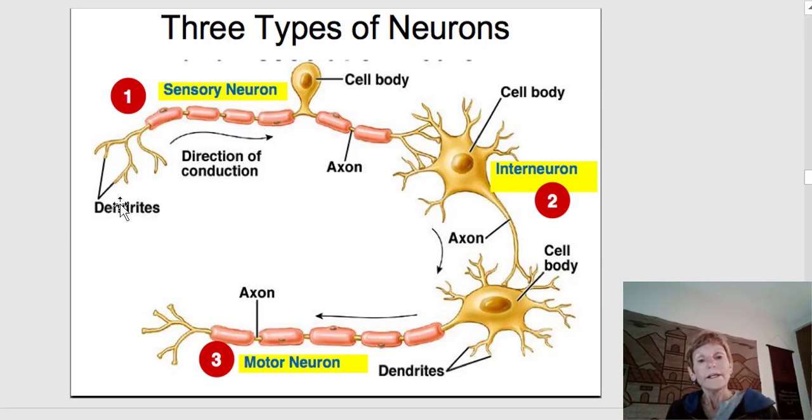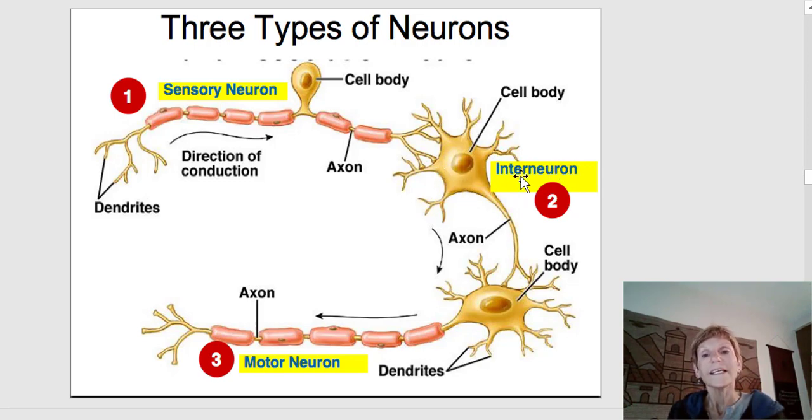So here is the outside world where you're getting sensory information through a receptor, and a sensory neuron, that is a nerve that receives sense information, is going to be the first step. It's going to receive that information. It's going to send that information to the central nervous system, which is going to contain potentially another neuron.